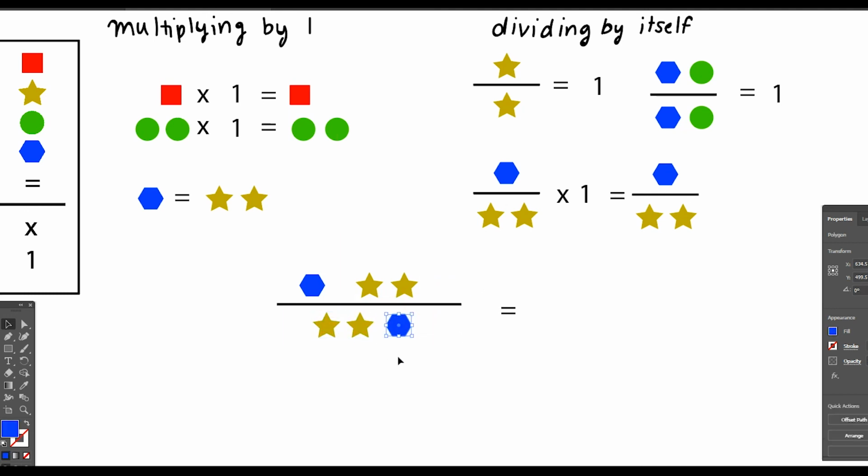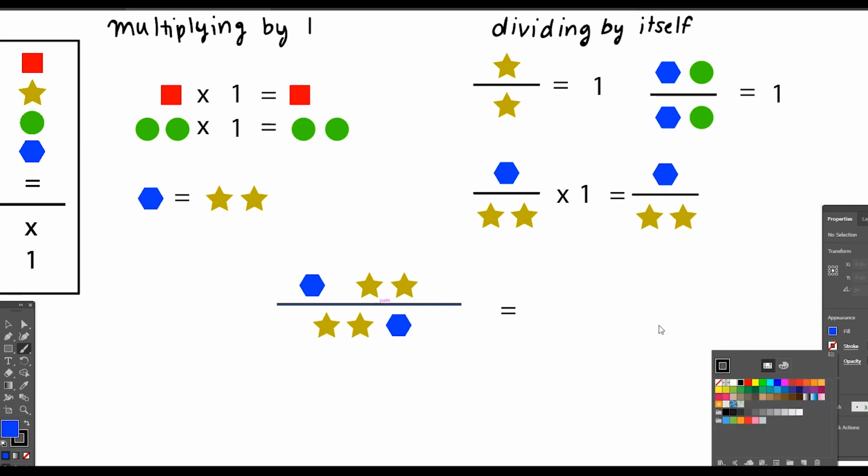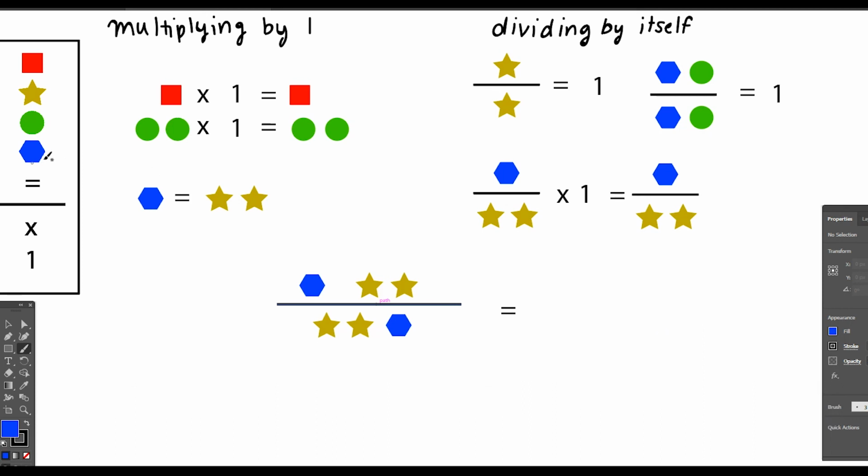So now I'm going to use my technique of just dividing by itself. I'm going to just cancel these out. I'm just going to cross these out because they're on the top and the bottom, and I can cross these out, and I can cross these out. And so this whole thing is just equal to 1.